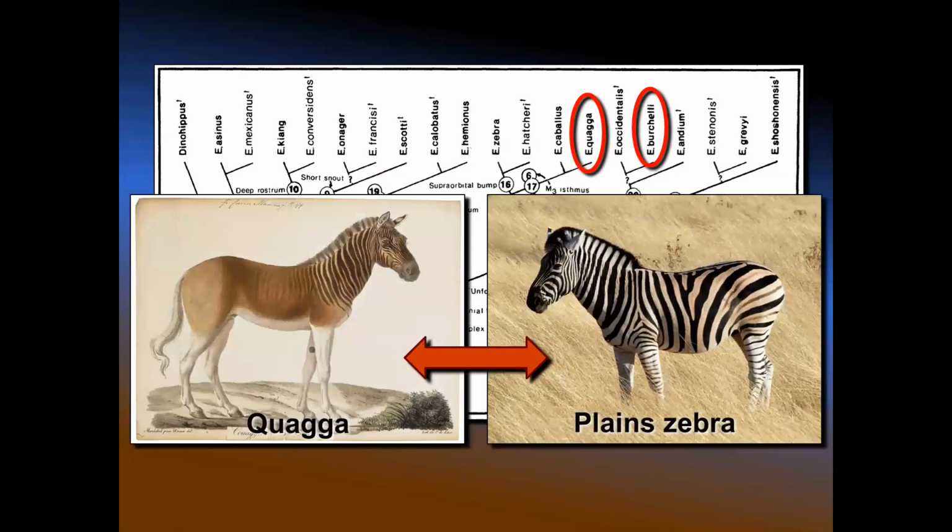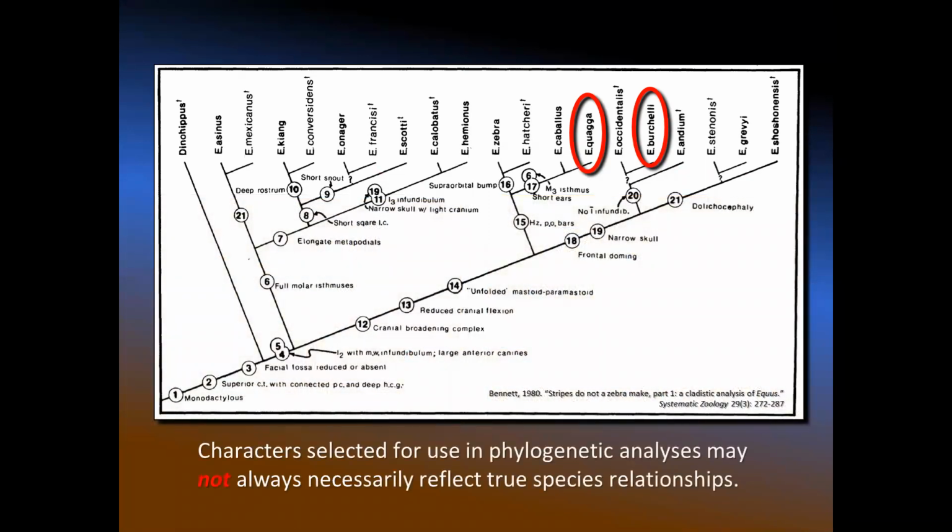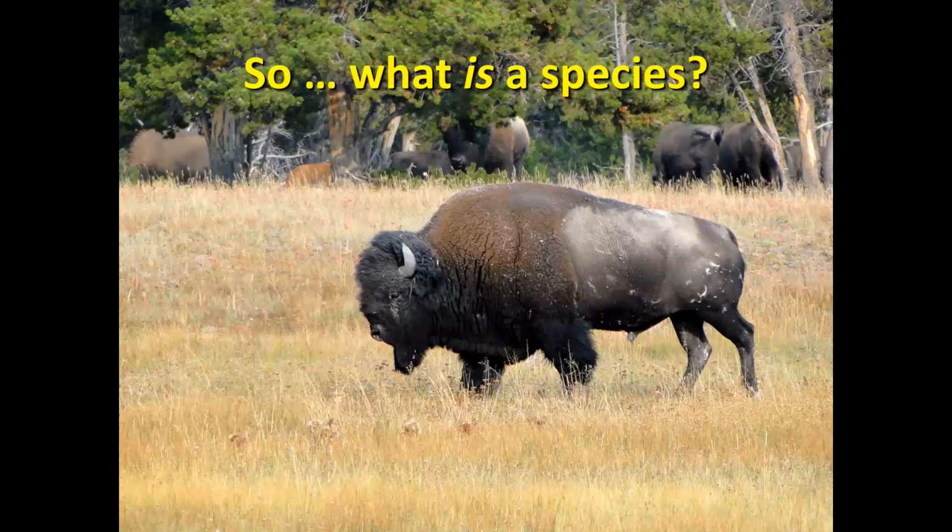And so here's another indication that what we can learn from genetics isn't necessarily reflected in the morphology. And so characters selected for use in phylogenetic analyses may not always necessarily reflect true species relationships. And so yet again, you have another challenge with this particular way of defining species. So what is a species?